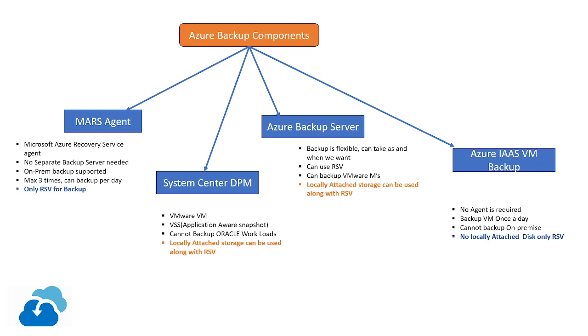The Backup Server lets you take backups n number of times, supports VMware backup, and supports both RSV as well as locally attached storage. In the case of IaaS, it is agentless backup. You can take the backup once a day, you cannot back up on-premises, and it won't support locally attached storage. So this is about the Azure components.